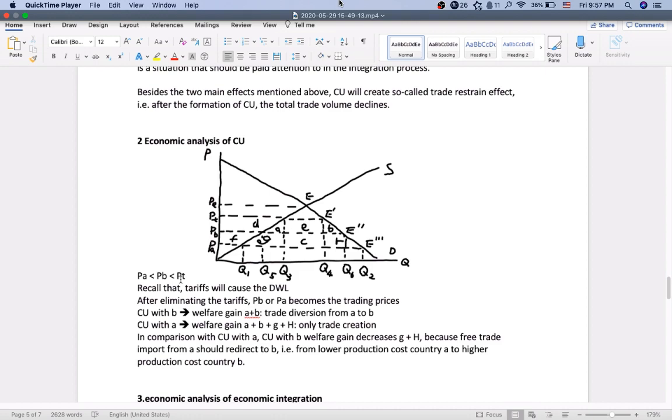In that case, if we eliminate the tariffs, the deadweight loss will not occur at all. So we do a similar analysis here for the tariff union.